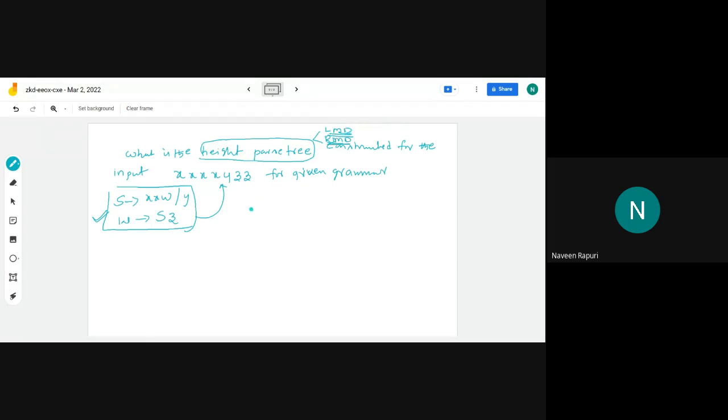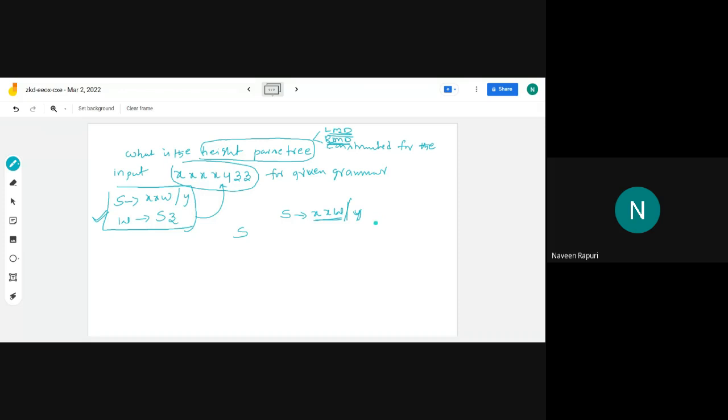Please see, here suppose you take S derives x, x, w or y. Here we need to accept the string x, x, x, x, y, z, z. So for that purpose, if you start at the root, there are two possibilities: x, x, w is there, y is there.